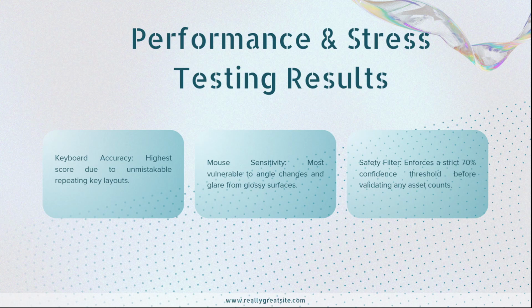This is because mouse bodies vary a lot across brands, and glossy polymer coatings cause reflections that mess with boundary definitions. To handle this, we coded a strict 70% confidence filter into our dashboard to block any weak guesses from corrupting our inventory total.